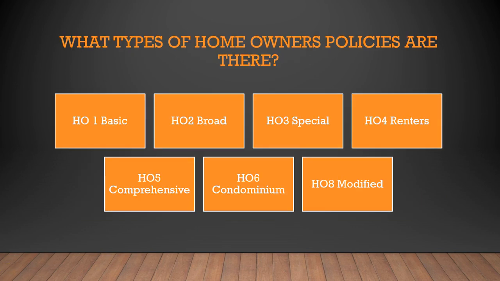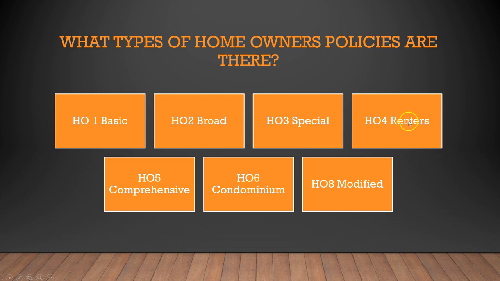Then you want to understand the types of homeowners policies that there are. Essentially, there are 7 types of homeowners policies. You have your HO1, which is your basic. You have your HO2, and HO stands for homeowners. So you have your HO2, which is your broad. Then you have your HO3, which is your special.